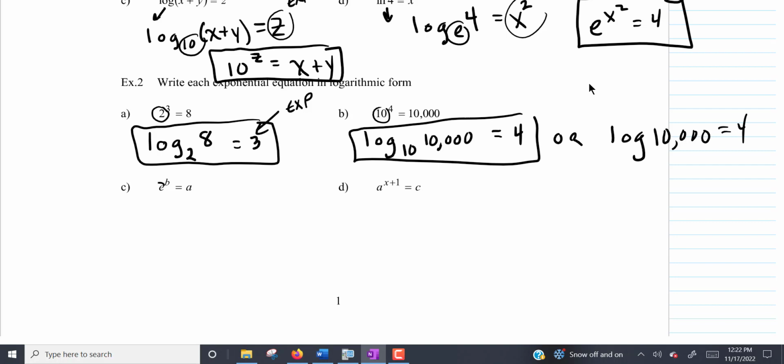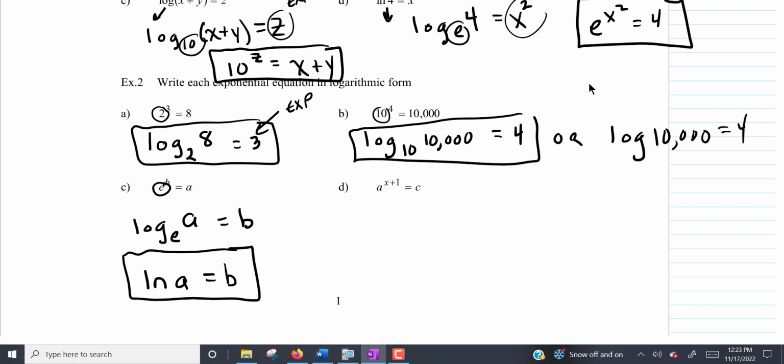Next one goes like this. You would have log base e, the exponent's b, so that's what you're equal to, and then you're taking the log of a. So you have log base e of a is equal to b, but if it's log base e, just write it as ln a equals b. You want to learn how to write the shortcut notation.